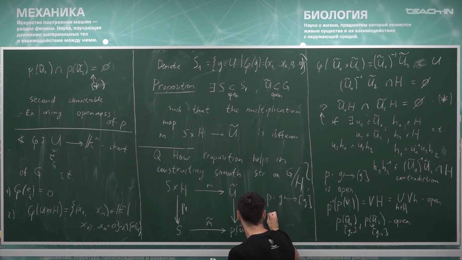So M sends fiber to fiber. This is just how, according to the constructions of these projections and how multiplication works, fiber to fiber.